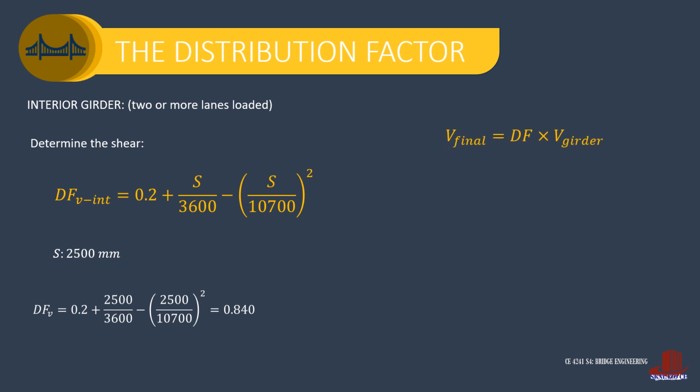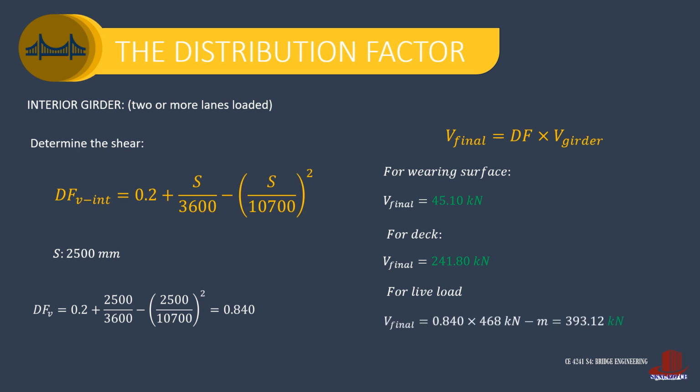The shear carried by each interior girder is then as summarized. From DW, the shear is still 45.1 kN. From DC, shear is still 241.8. And from live load, we take 84% of 468, simplified as 393.12 kN.